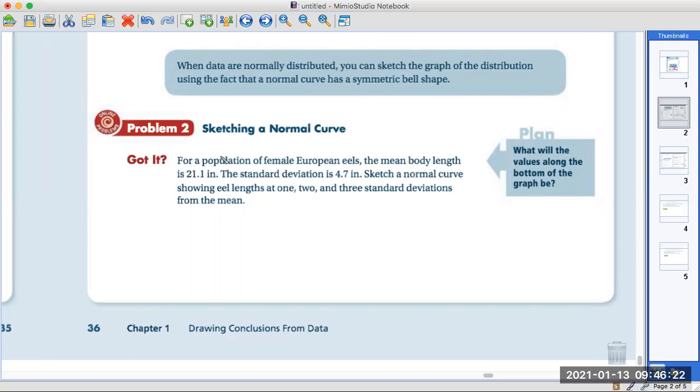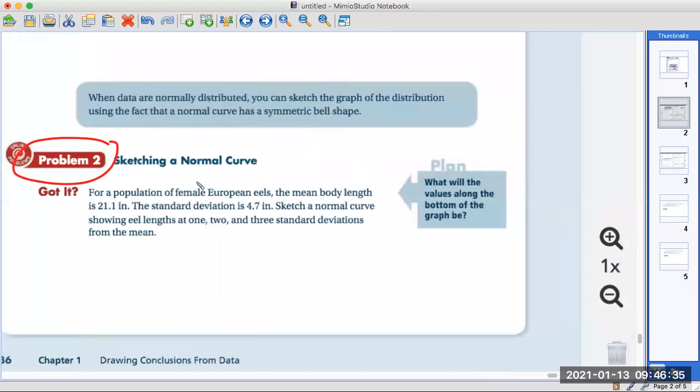Then this one they show you actually on Savvas, the very same problem with the eel, the fish, the body length and the standard deviation. And so you can actually just copy that from your lesson.